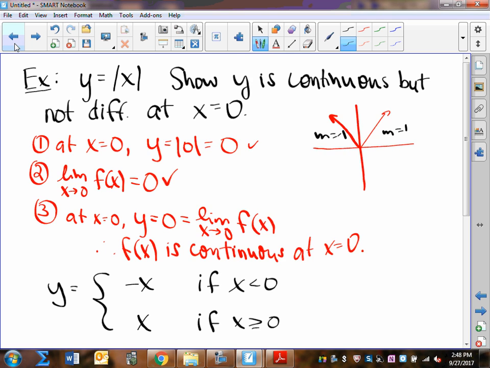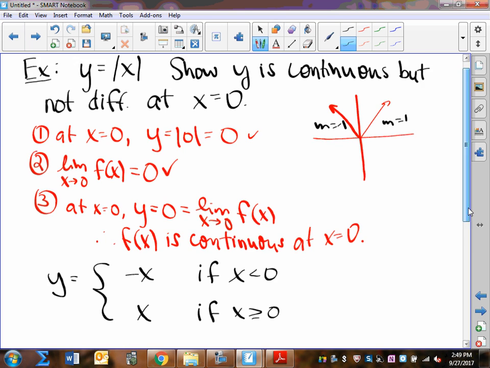Just a random side thought here. If I look at my function on this interval, we agree that the slope is negative, right? What can you tell me about my function itself? Is it increasing, decreasing, or constant? Decreasing. On the right-hand side, my slope is positive. Is it increasing, decreasing, or constant? Increasing.